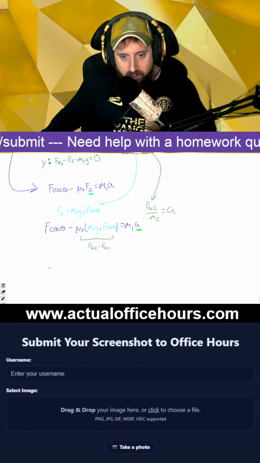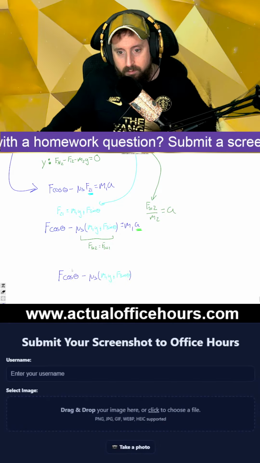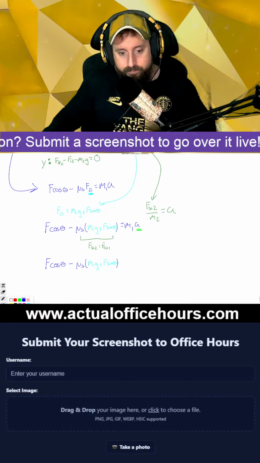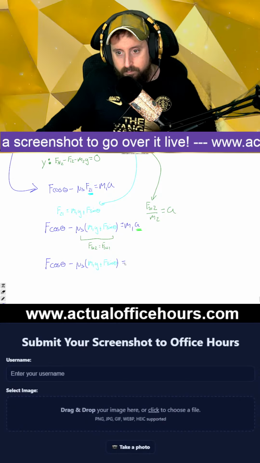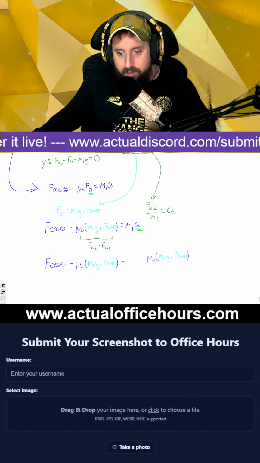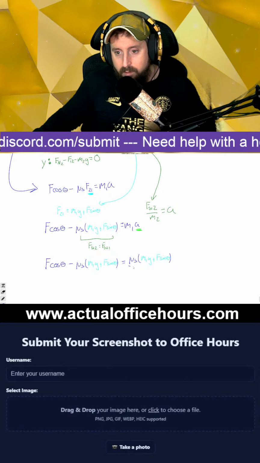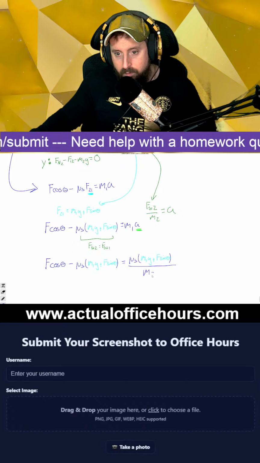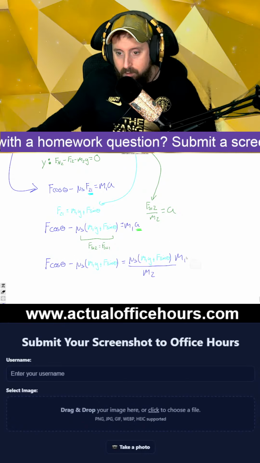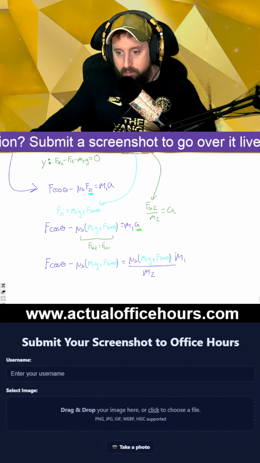So now we can get even further down. Okay. So we're going to have all this is now equal to this over M2, and then that's also times M1, right? So this M1 was still there. So actually, let's move this a little bit so the ordering makes sense, right?